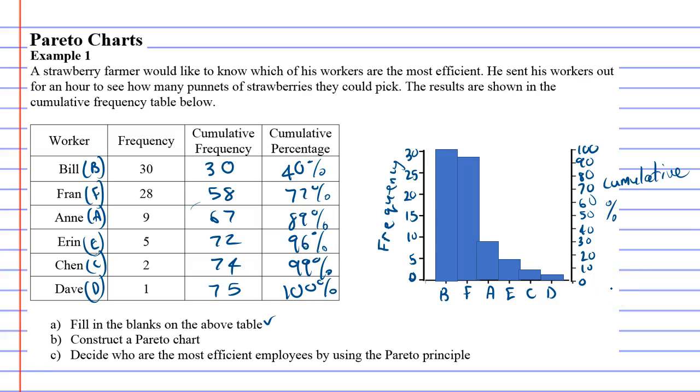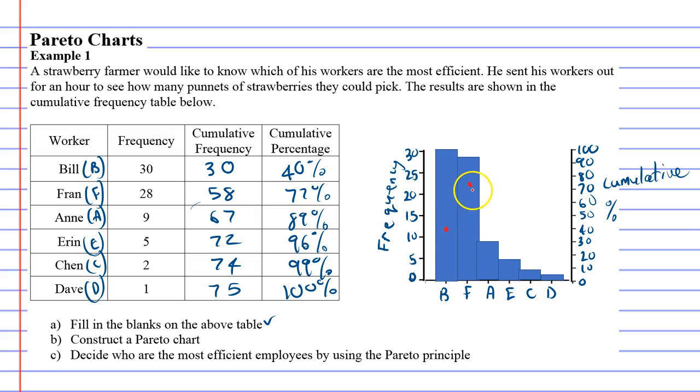Now to represent the cumulative percentage, we're going to draw more of a line type of graph, which is a bit like your polygon. And we'll do it in red. What we notice is that Bill had 40%, so we're going to go Bill and 40%, line it up right there and put a point. Then Fran was 77%, so 77's up about here, is Fran.